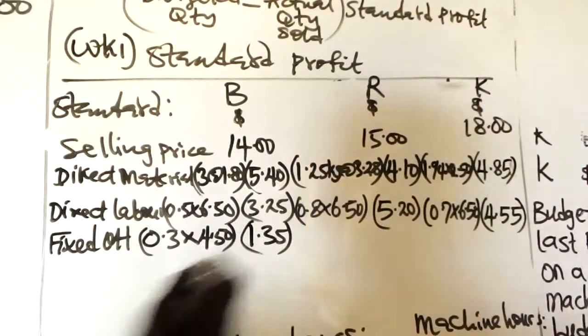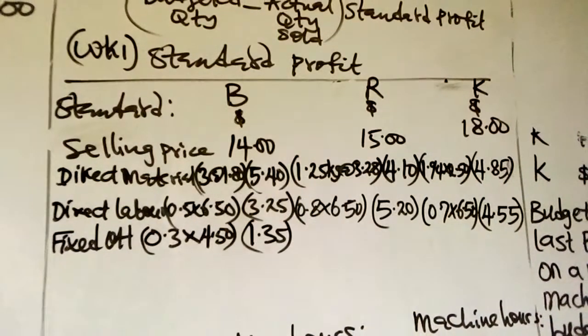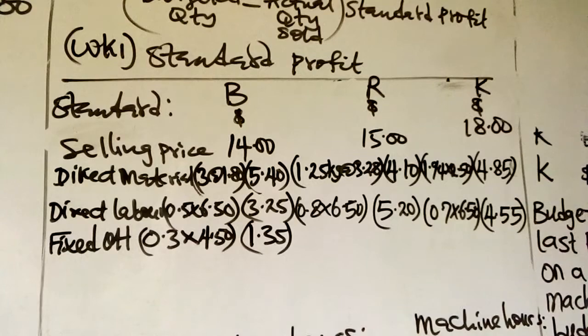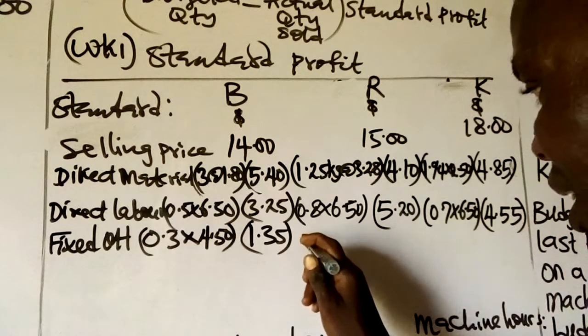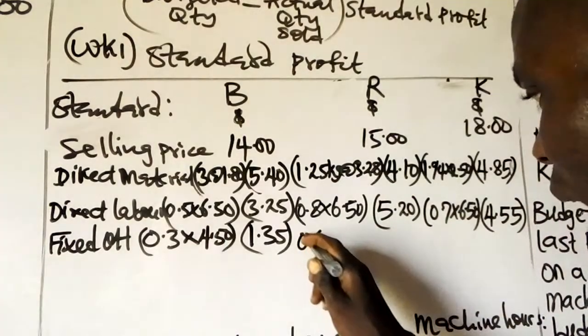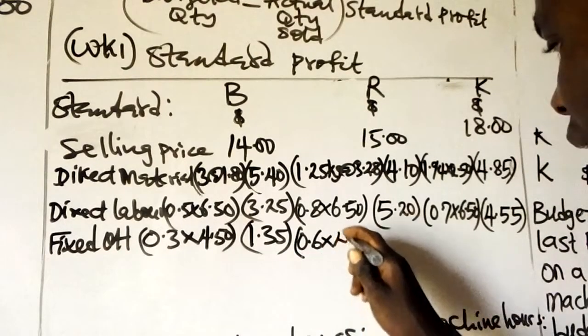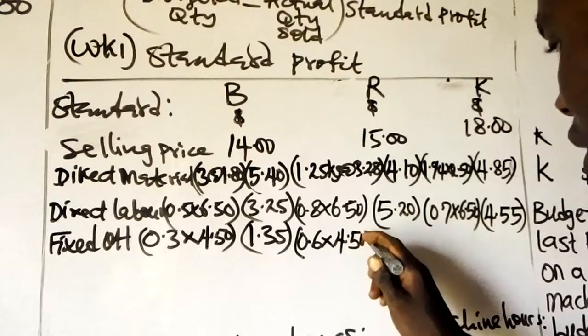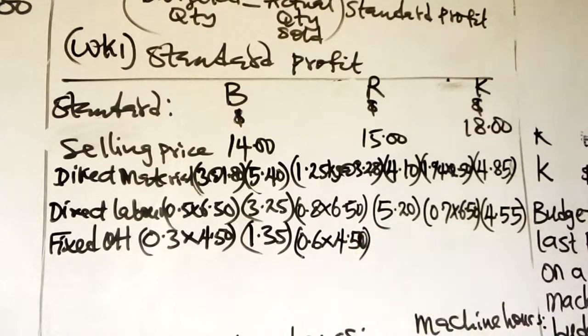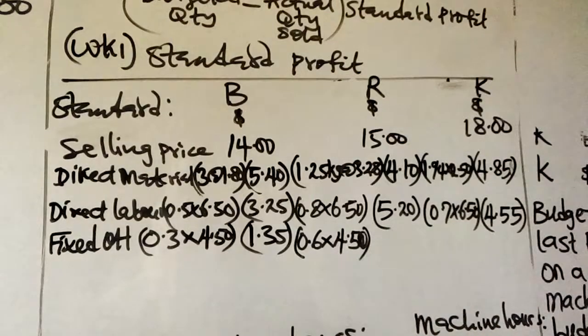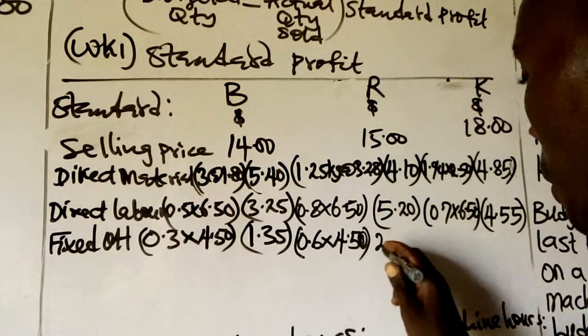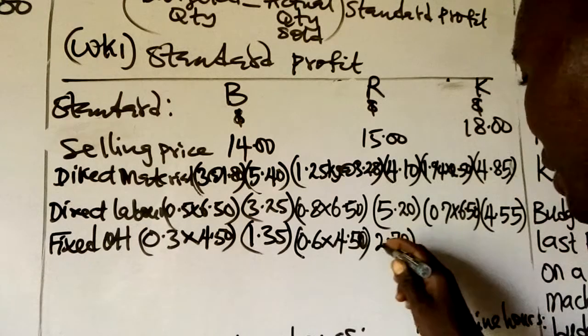Therefore, for R, 0.6 machine hours is required to produce a unit. 0.6 times $4.5 will give us $2.70.